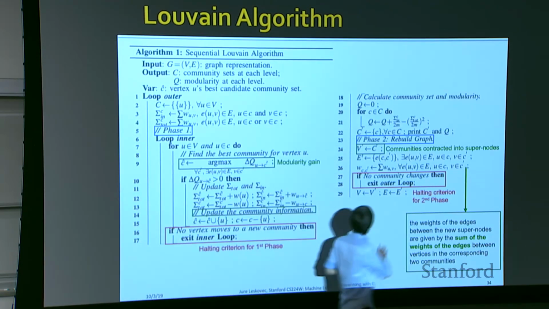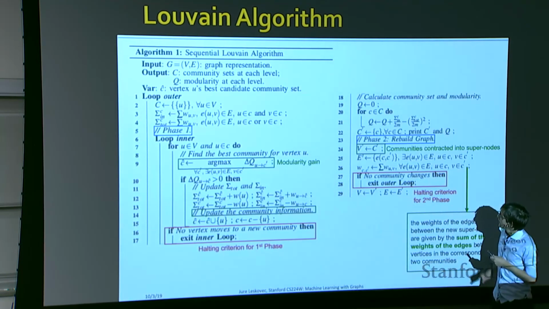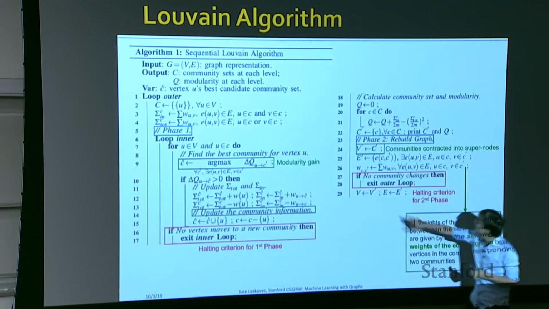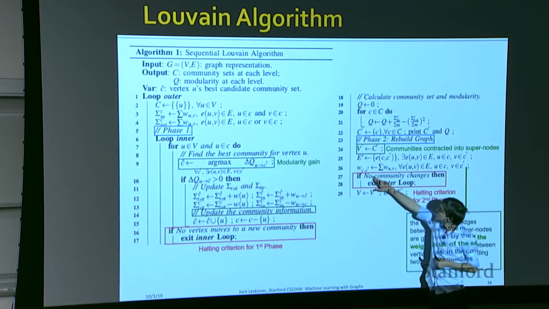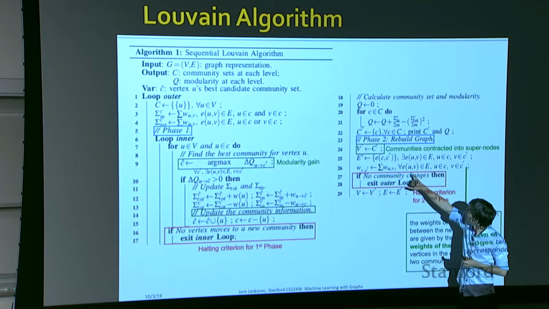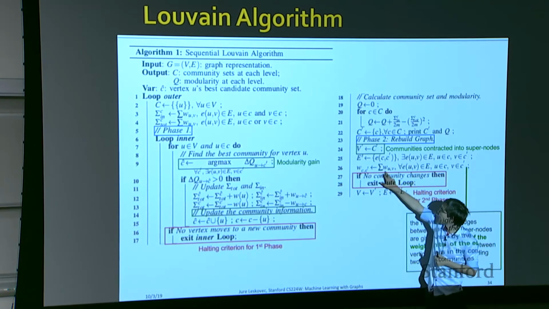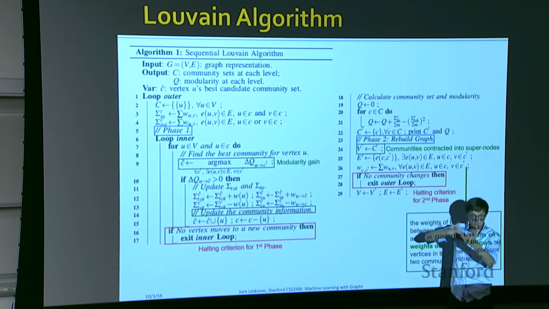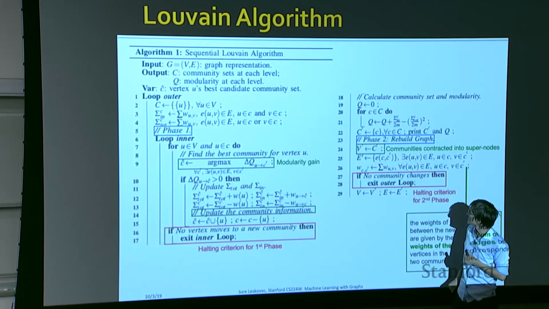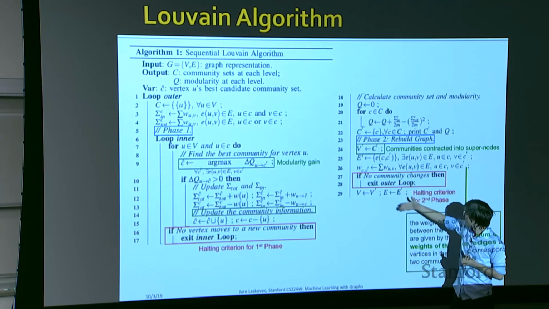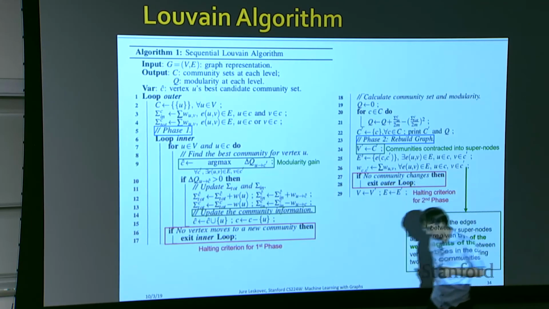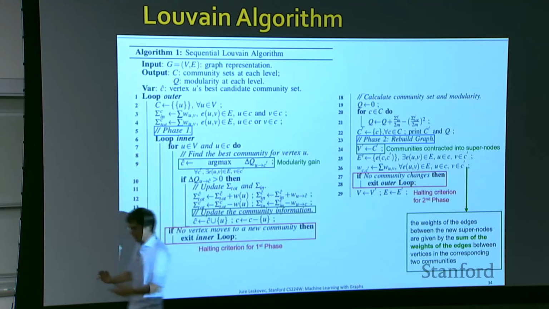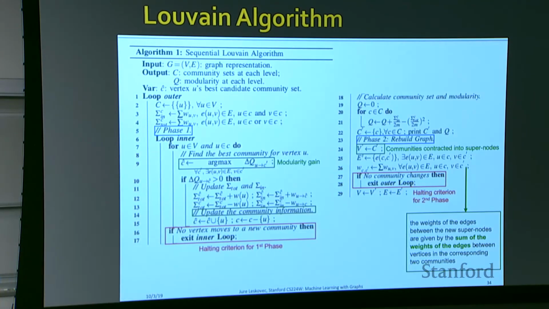Then in phase two, I'm rebuilding the graph, contracting every community into a supernode and updating the counts by creating weighted edges between the supernodes based on the number of edges between the communities. This is when phase two would halt, and then phase one would continue. You would do this until everything is merged into a single node. Yes?